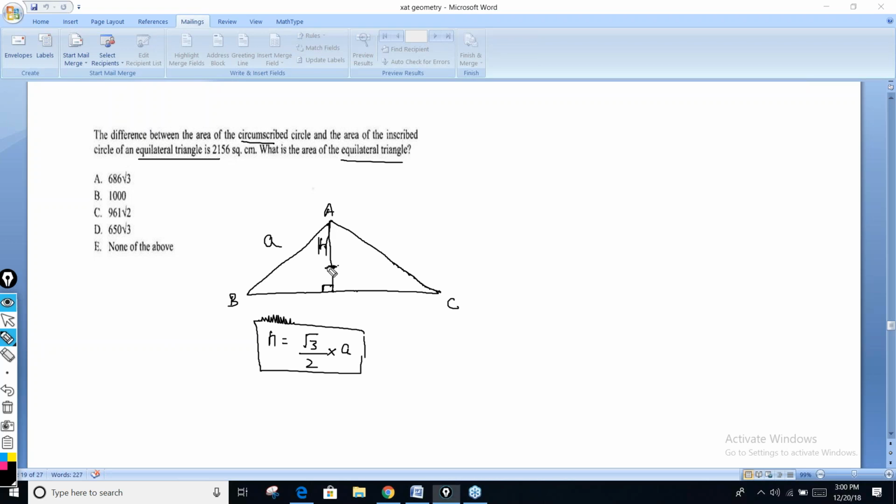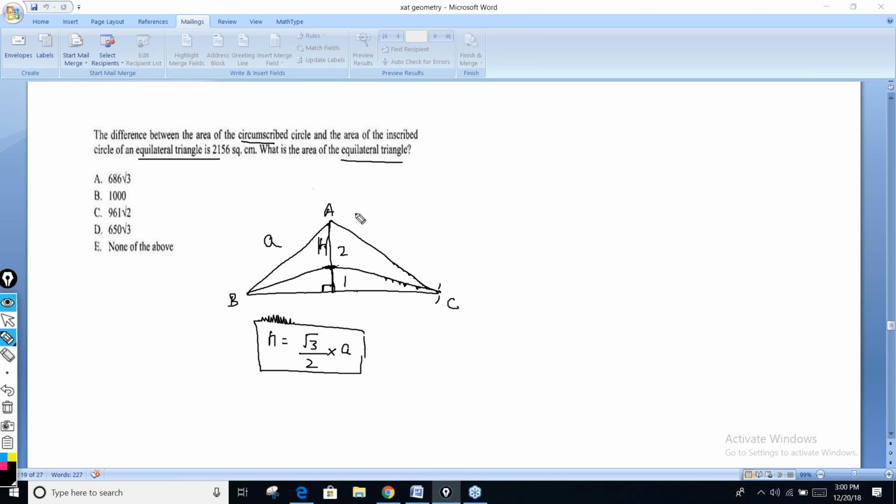This becomes the centroid, and the centroid divides the median in the ratio of 2:1. So in an equilateral triangle, this becomes the circumradius and this becomes the inradius, right? If I join it, that becomes the circumradius.